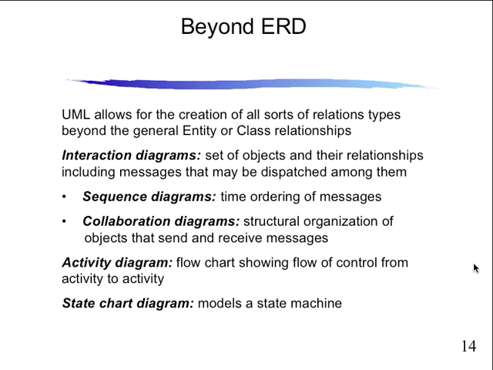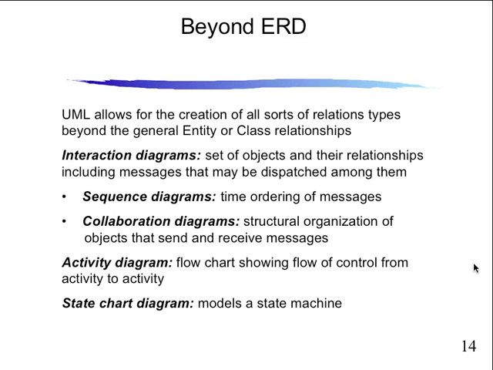An interaction diagram is a set of objects and relationships, including the messages that are dispatched among them that go back and forth in terms of the interaction. Interactions could be sequence or collaboration. Sequence is the time ordering of the messages. The collaboration might be which objects are sending and receiving, which objects are working together on something.